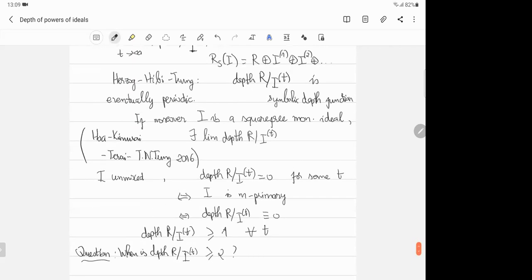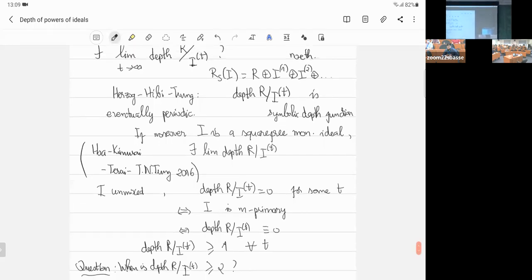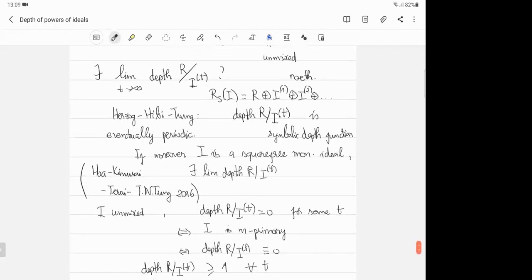Excuse me, Hope, regarding the result of Herzog, Hibi and Trung, is this regarding the symbolic Rees ring, or is this regarding R when you are defining the symbolic depth? The symbolic Rees ring is called the symbolic Rees ring. R is always a polynomial ring, and it is always Noetherian.